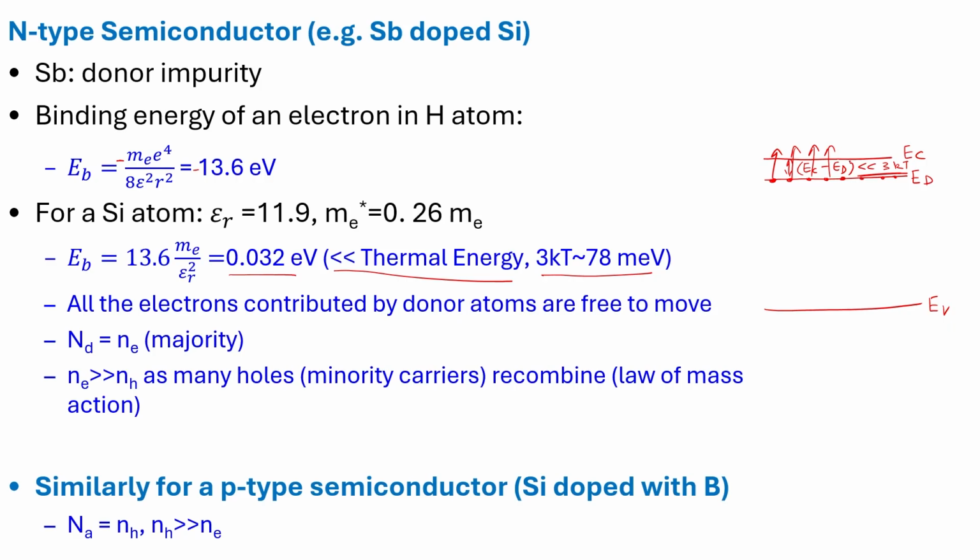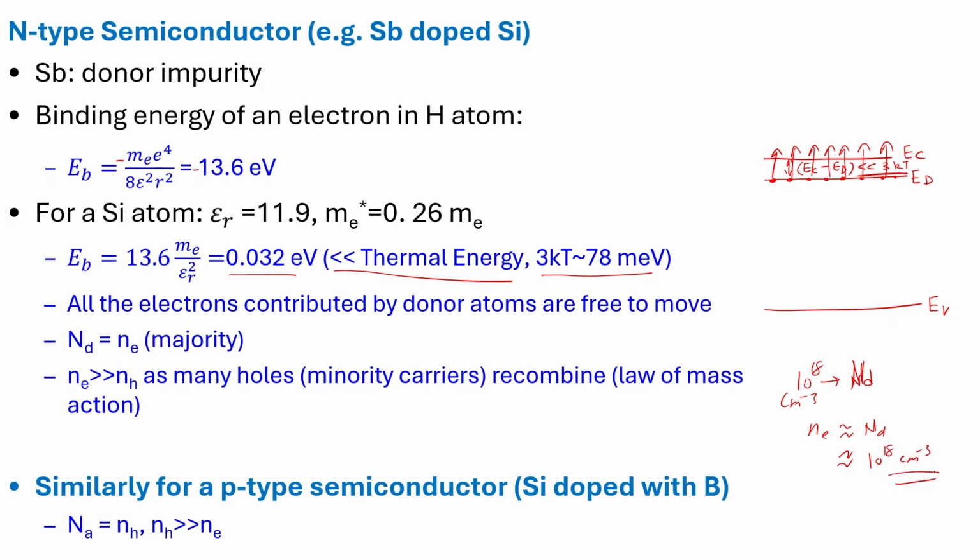If you are able to excite all the electrons from the donor level to the conduction band, then the number of donor atoms is equal to the number of electrons that you contribute. So if you have 10 to the power 18 donor atoms Nd per centimeter cube, then Ne will also be equal to Nd, which is 10 to the power 18 per centimeter cube.